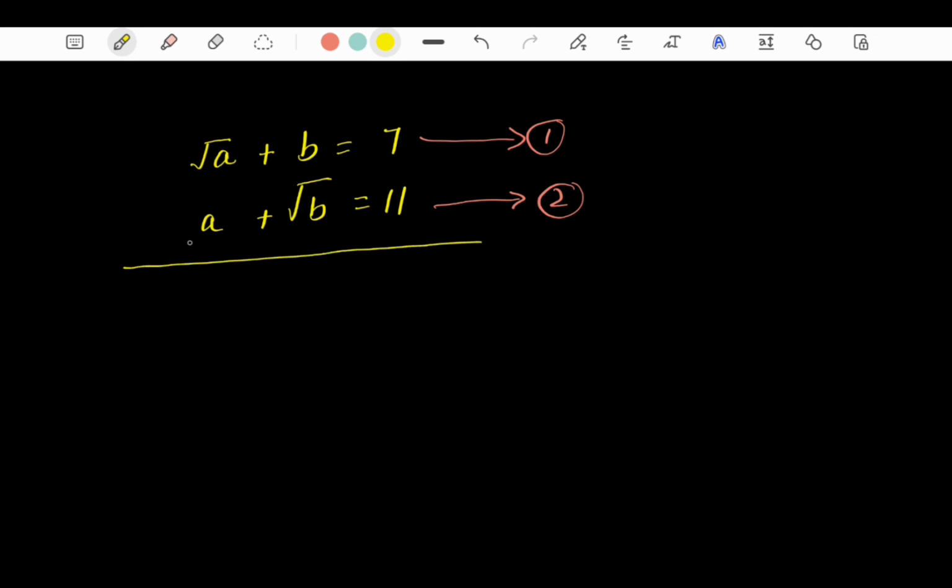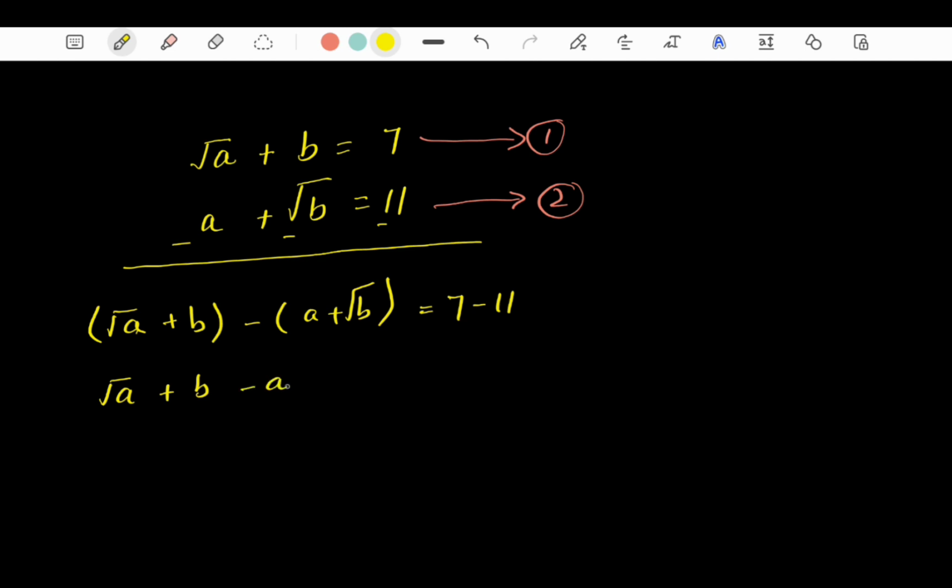So first we subtract these two equations. We will get square root of a plus b minus a plus square root of b. This will be 7 minus 11, which will be square root of a plus b minus a minus square root of b is equal to minus 4.